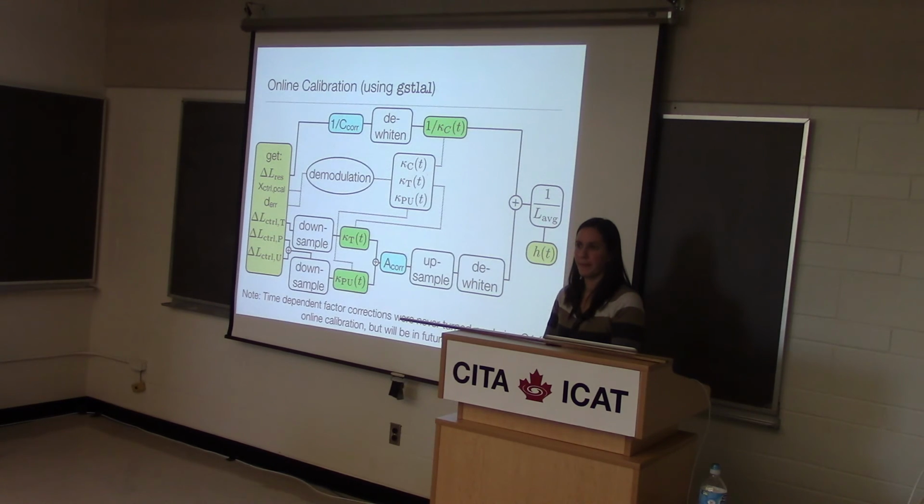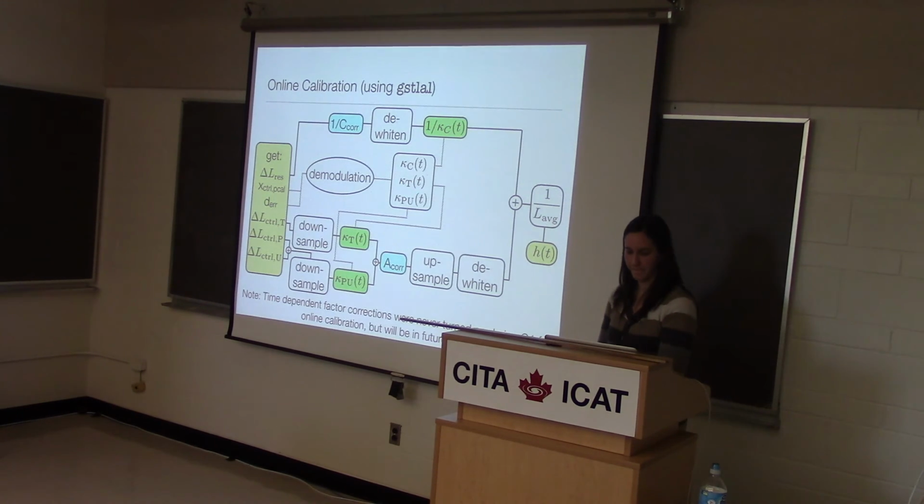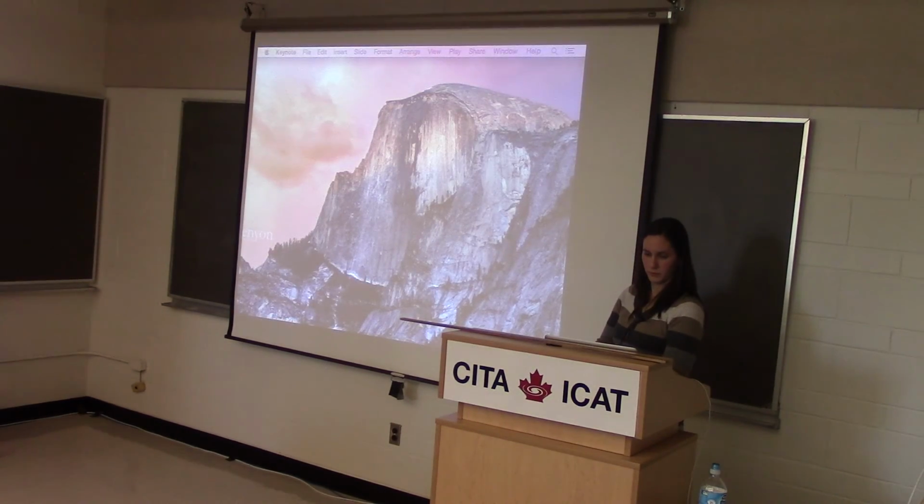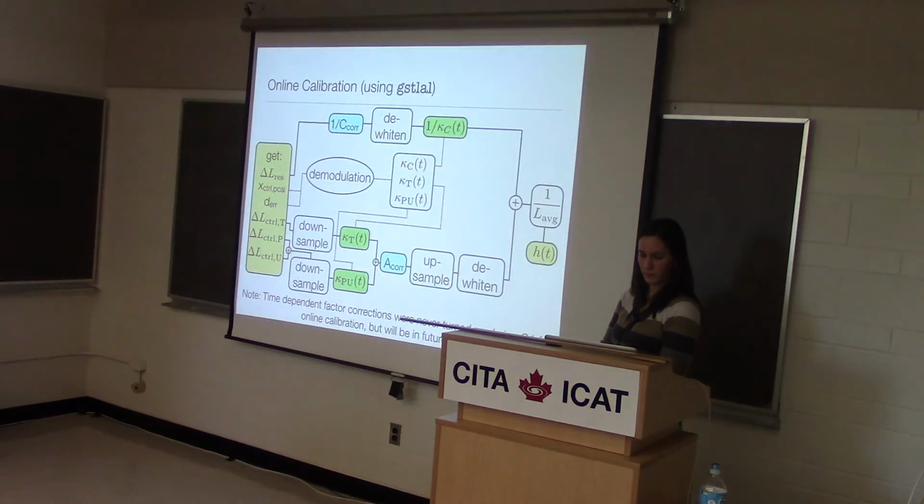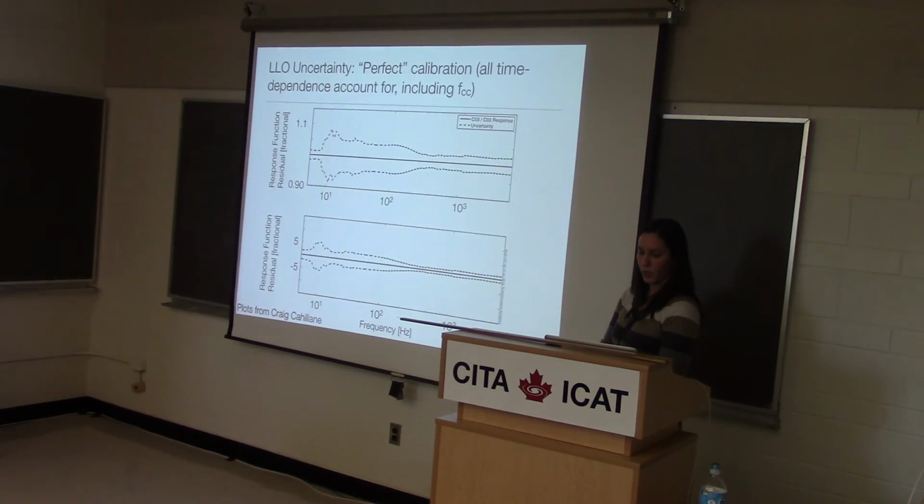Yeah. So since you said the time-dependent factors are not known for O1, I guess all the data you've been showing was from measurements on the engineering runs within LIGO, or when did you actually? Which data are you referring to? Well, you showed plots indicating what the errors would be if you had the time-dependent corrections turned on or off.